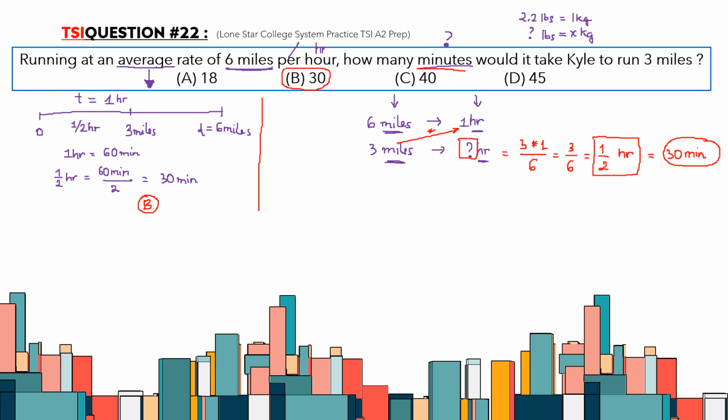Also, some of you may ask, why don't we just convert 1 hour first? So we do the same thing. We have 6 miles. We use how many? We use 60 minutes because 1 hour we know equals 60 minutes.